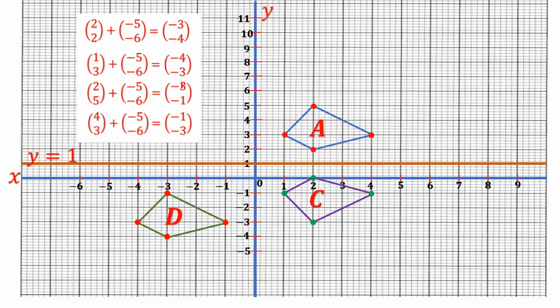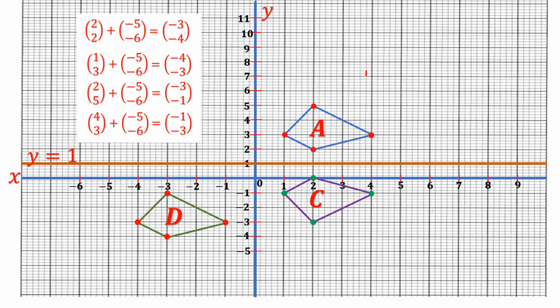And we have the point -3, -1. And then we have -1, -3. And this is our new image. We just connect the dots and then we label it D.